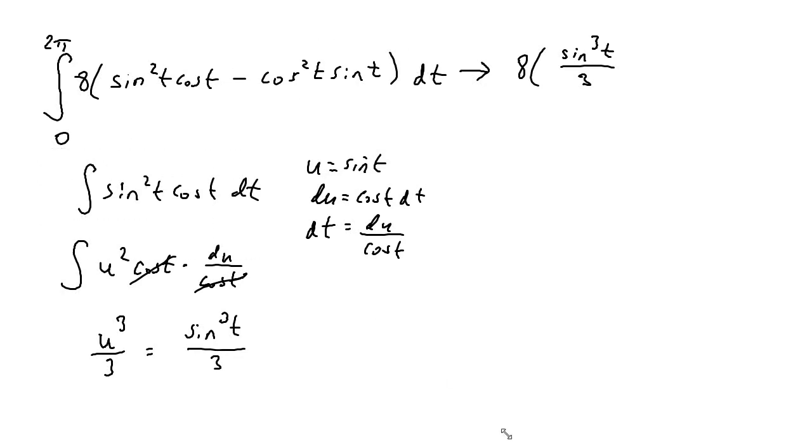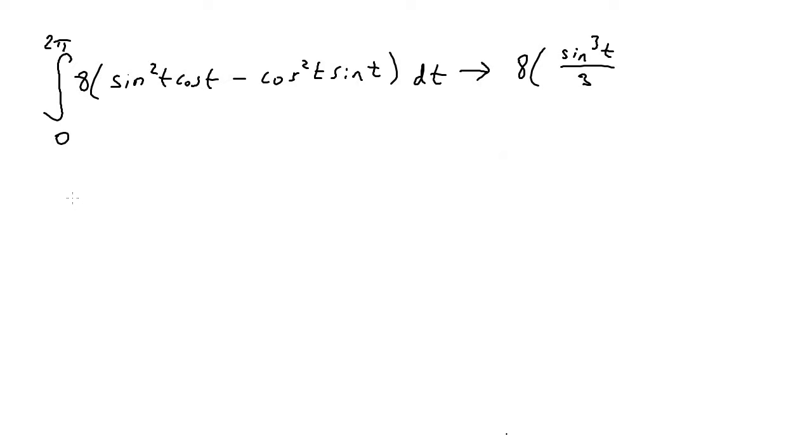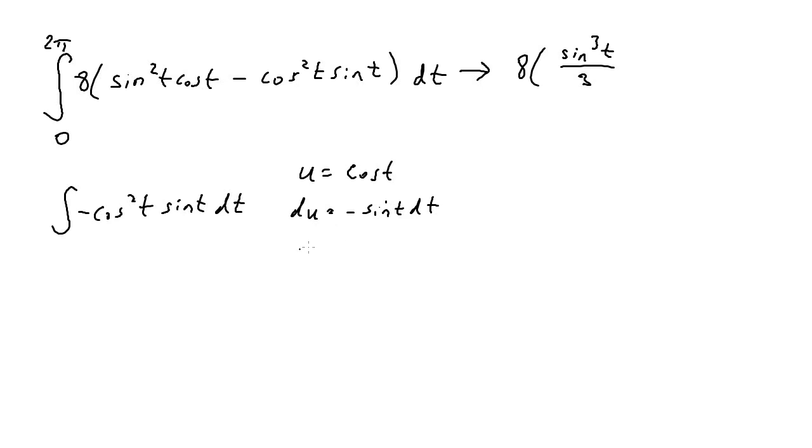And then now we can integrate negative cosine squared t sine of t. So if I go ahead and erase all of this, the integral of negative cosine squared t sine of t dt, once again u substitution, this time my u will be cosine of t, so then du equals negative sine of t dt. Then if I isolate dt, dt equals du over negative sine of t.